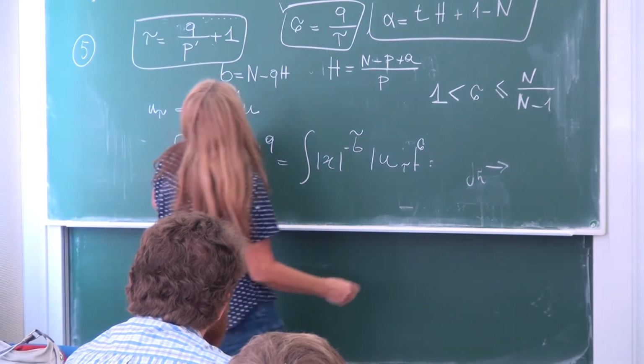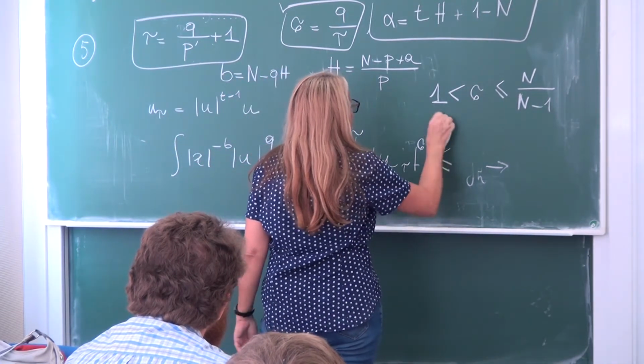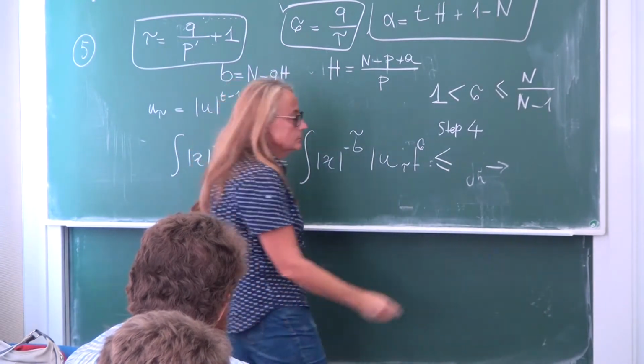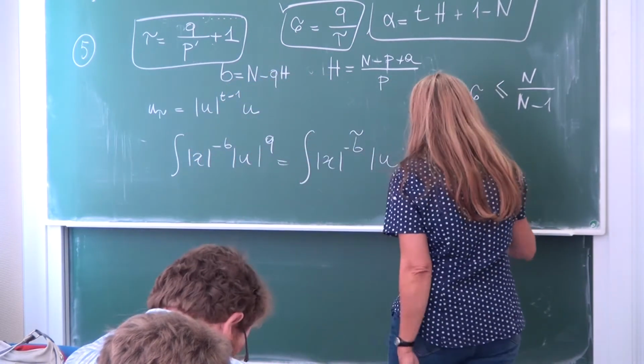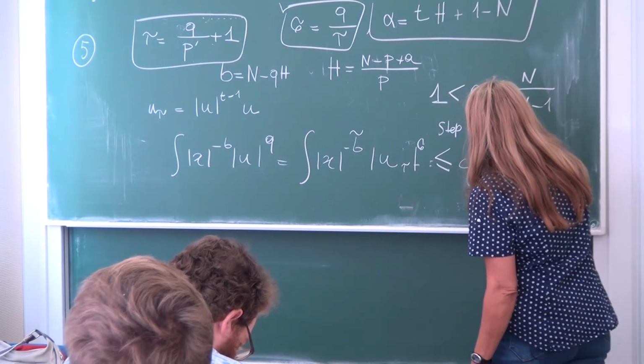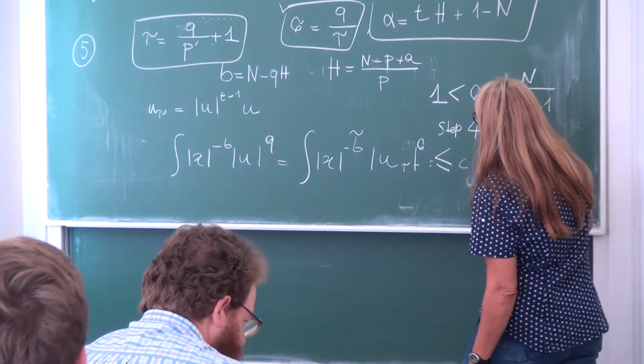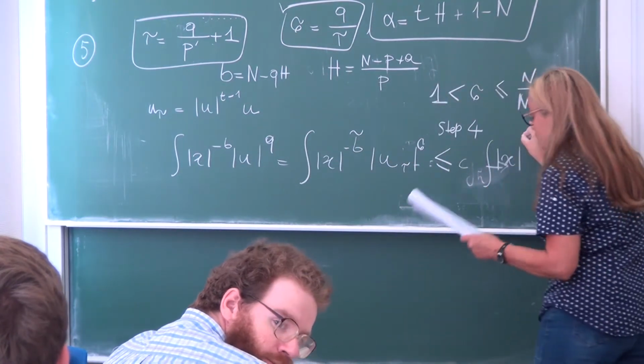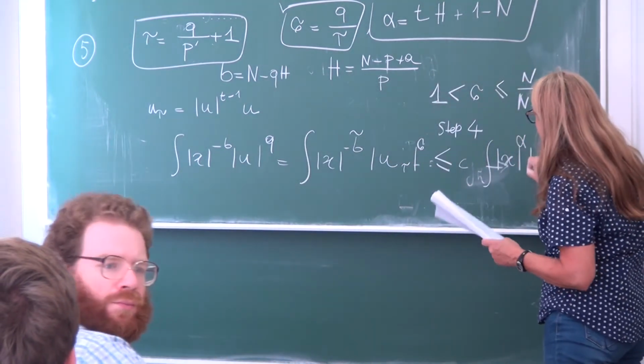You apply step 4. So this, up to some constant, is x to some power alpha. Here is alpha.